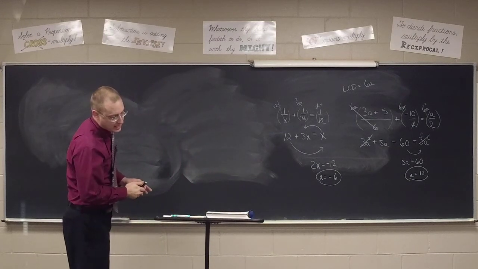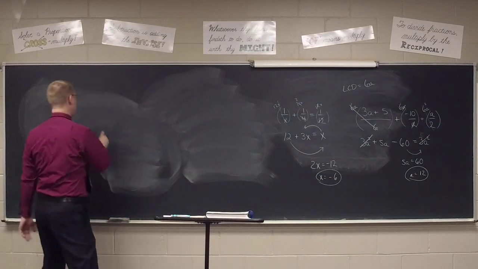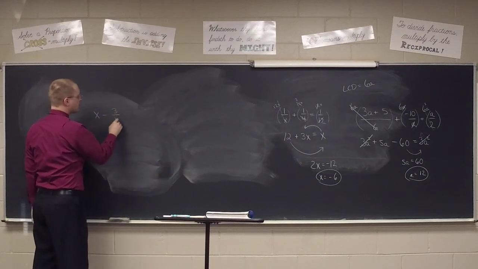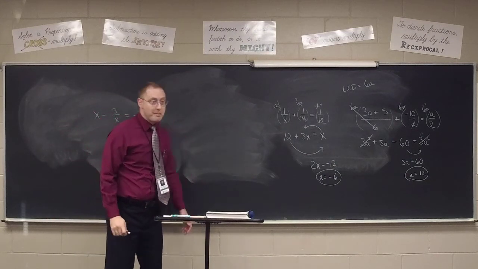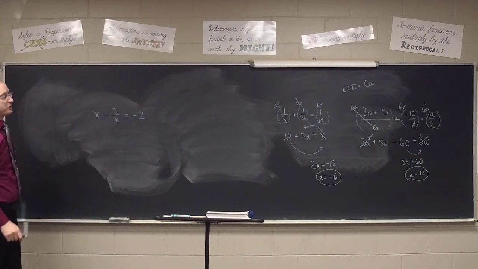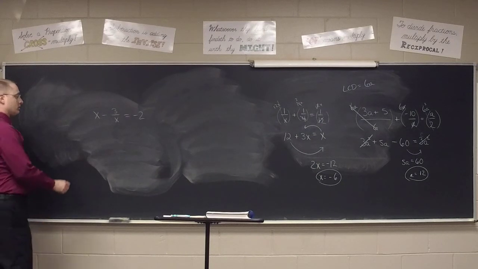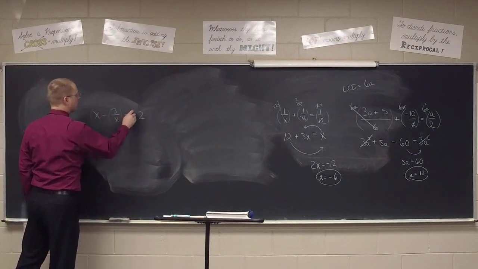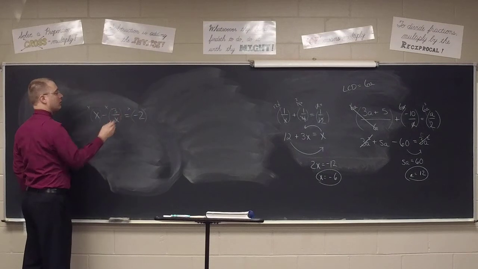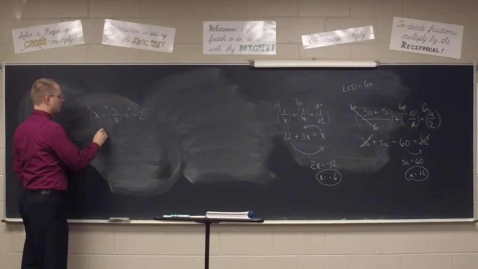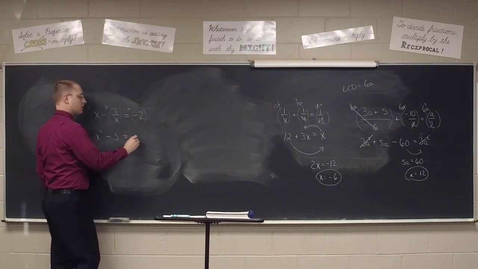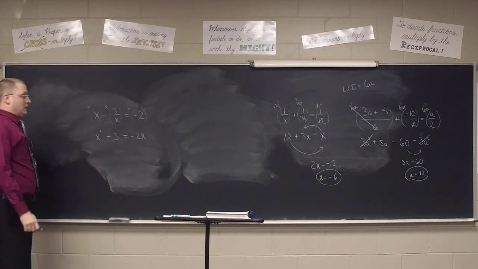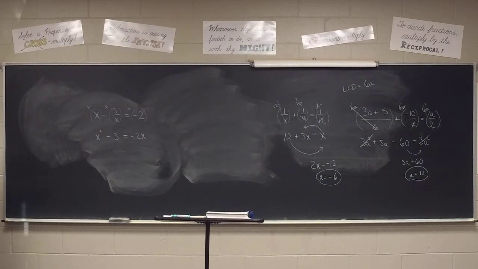And we had x minus 3 over x is equal to negative 2. And let's go to Maddie. Walk us through this one. This one, unlike Brecken's, Maddie, it's not going to leave the quadratic form, is it?